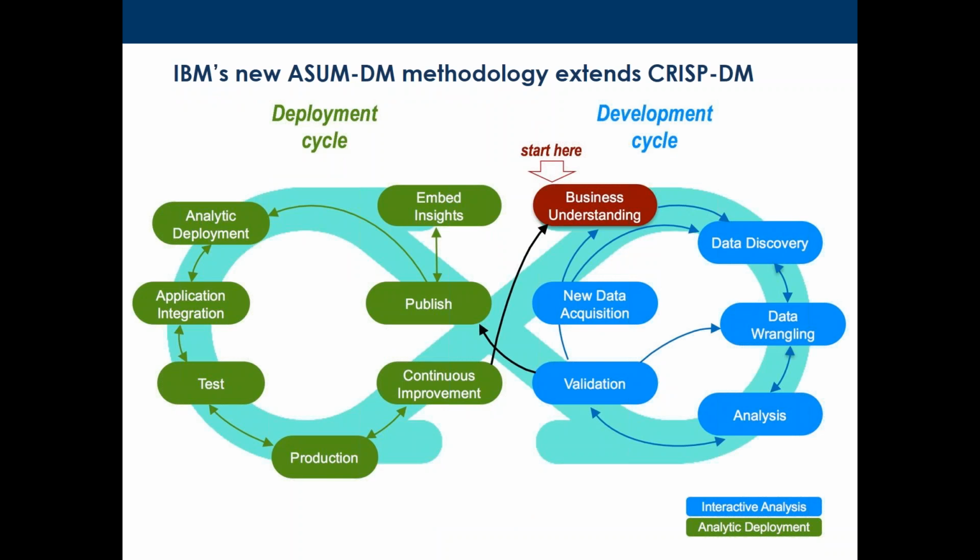IBM have fairly recently developed an extension to CRISP that they call ASIM-DM. On the right-hand side, the labels are slightly different. We're talking data wrangling now rather than data preparation, because that's a more modern term. But it starts with CRISP, and deployment has its own cycle.